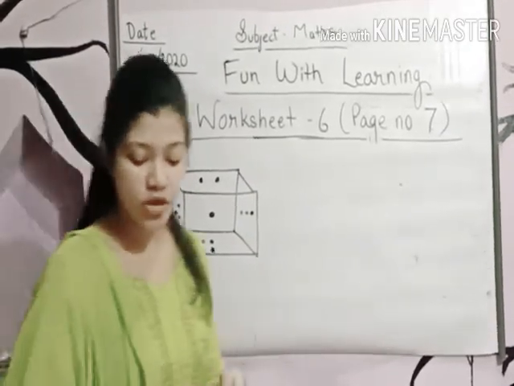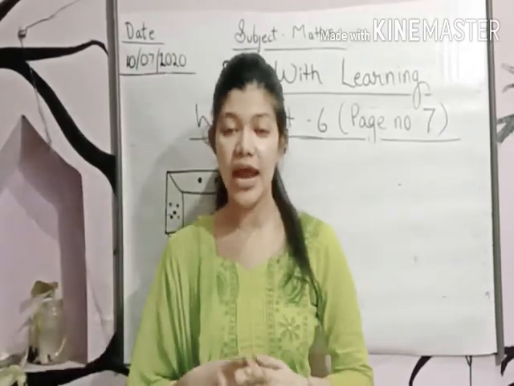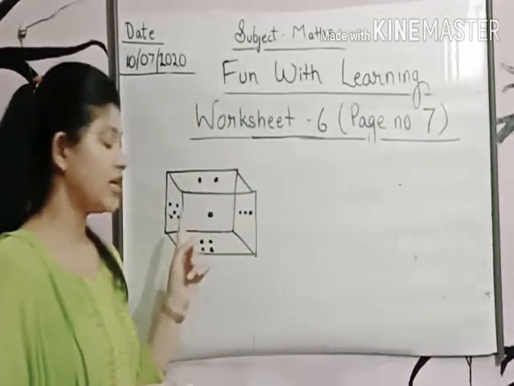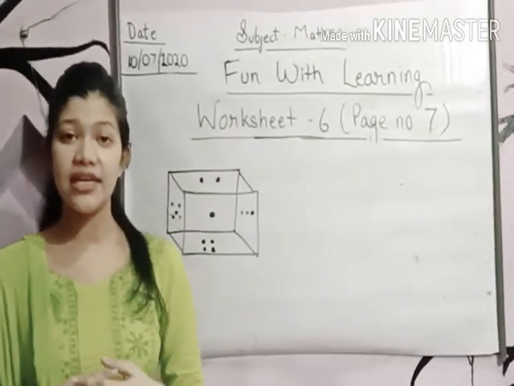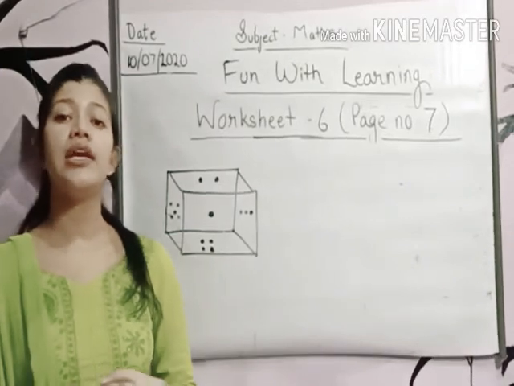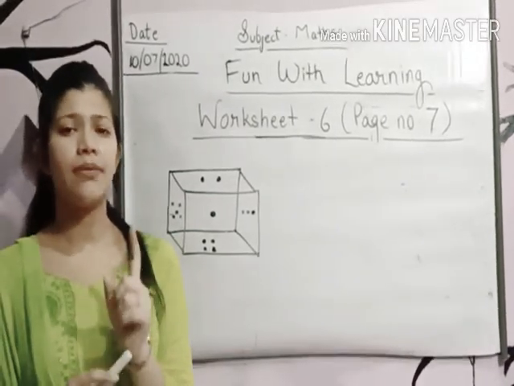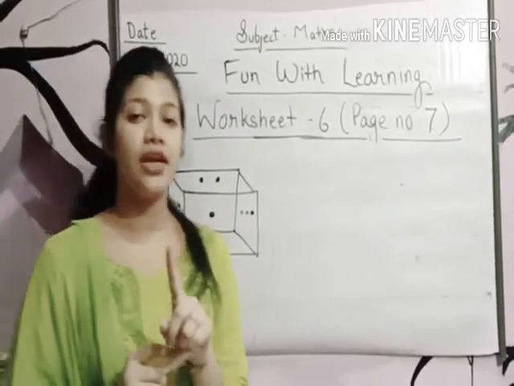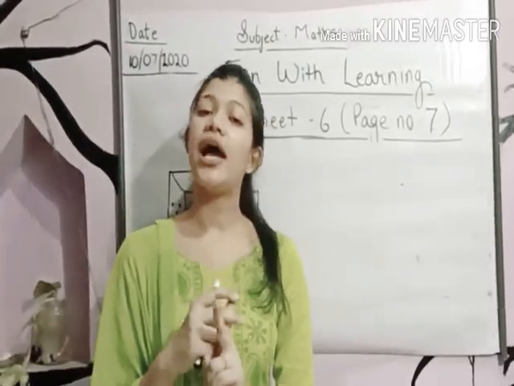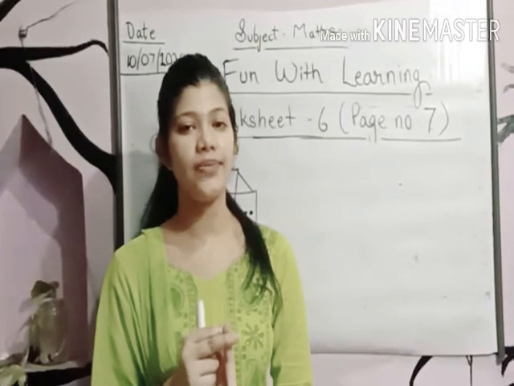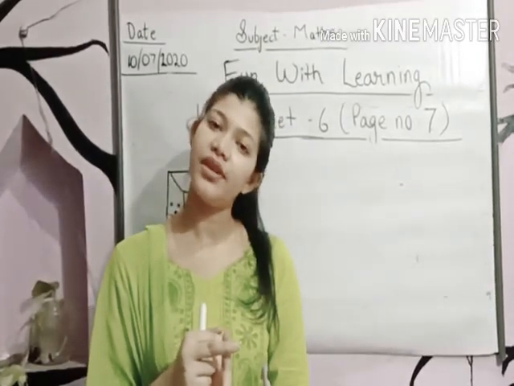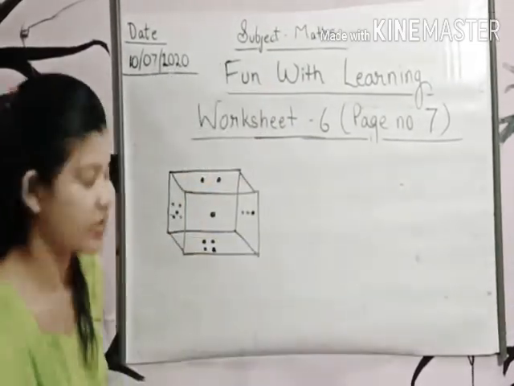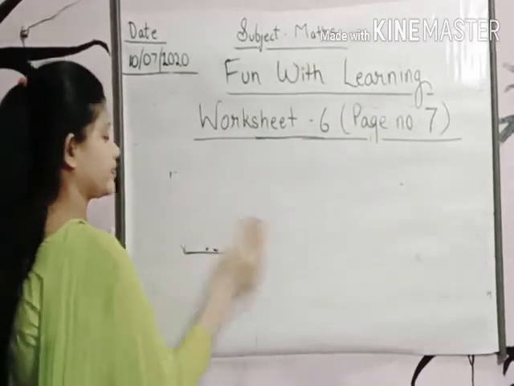Okay, so see what you have to do, you have to add these dots. See, now here dice are given over here. Yes, so in each dice some numbers are shown there. Yes, so you have to read that number and then you have to add those two numbers and find the sum. Okay, let's do first one. See first one.